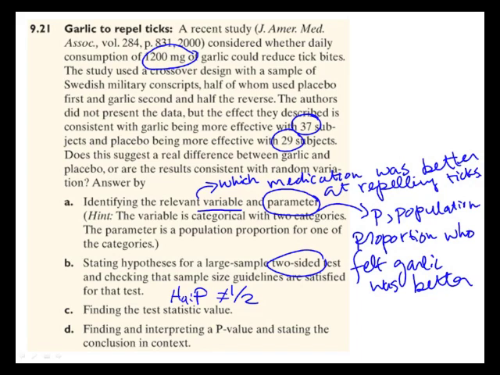And then our null hypothesis would be equal. Yeah, P equals 1/2. Any questions on this? Basically, if the proportion is statistically not equal to a half, clearly not equal to a half, then that means one is better than the other.